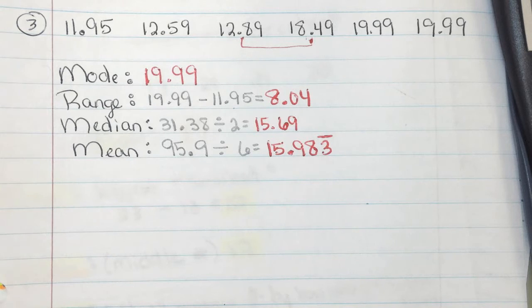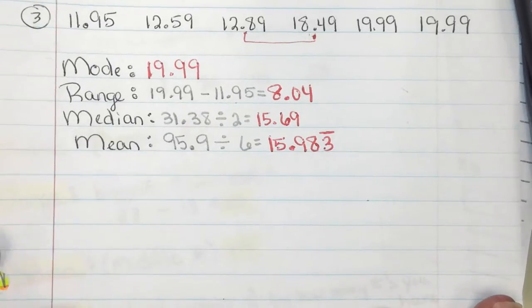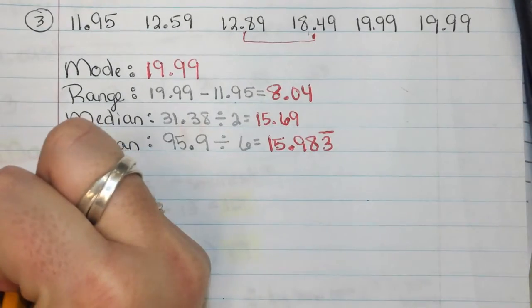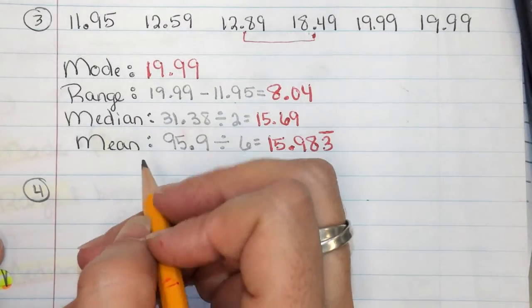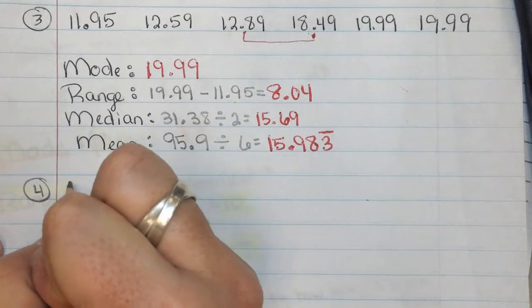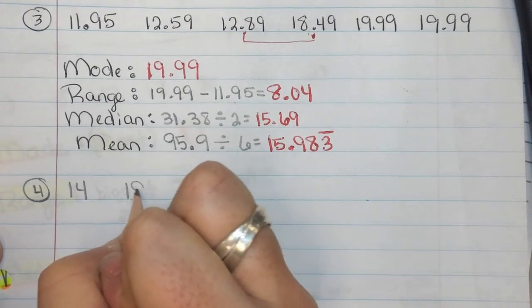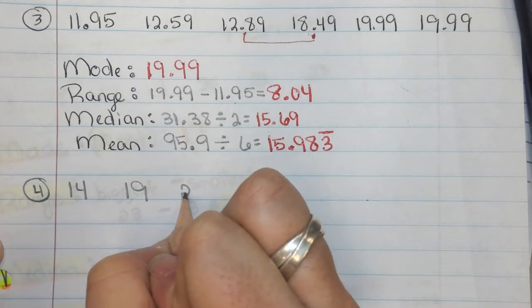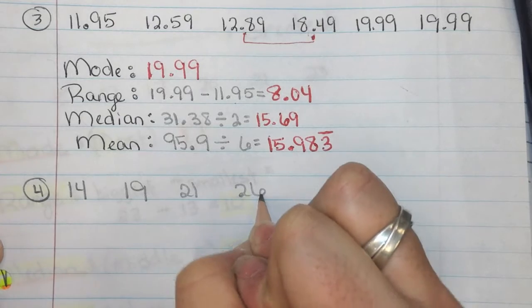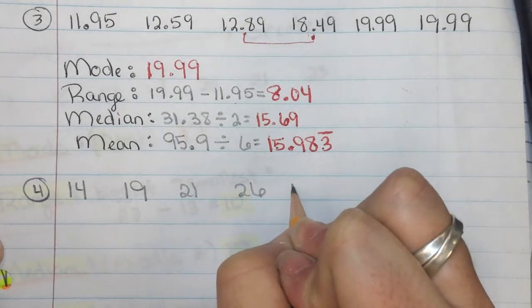Okay. I'm going to keep going. I'm going to do number 4, just in case you want to see it. Here we go. Number 4. I'm going to put them in order from least to greatest. I got 14, 19, 21, 26, and 40.